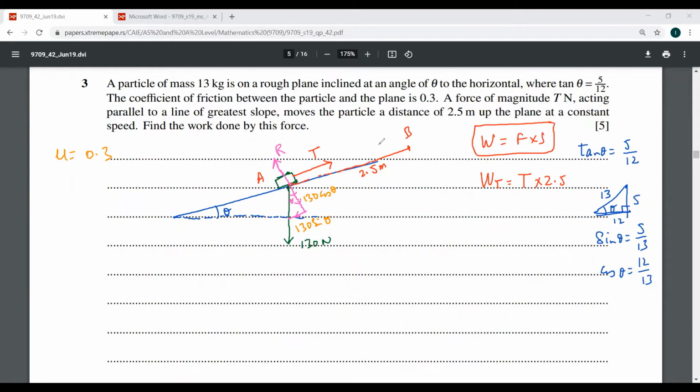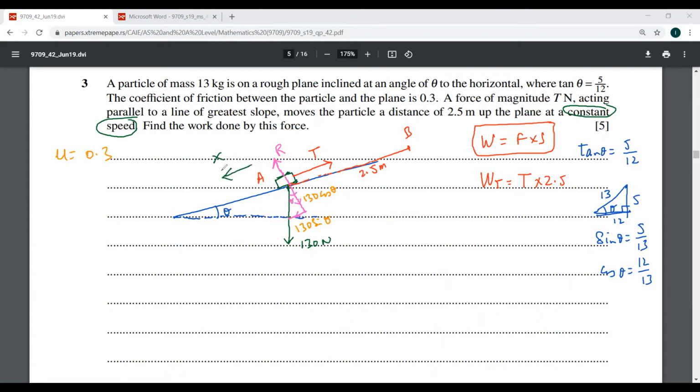Now you can see that the speed is constant. So that would mean that this T is going to be equal to this downward component of weight plus this frictional force over here.